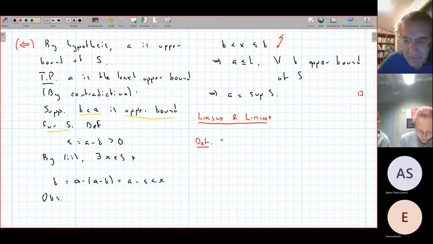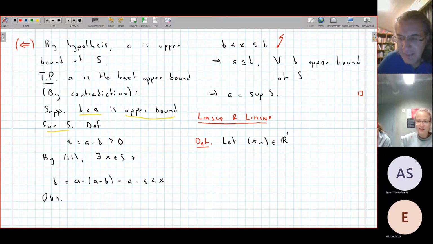So we have the following definition. Suppose that xn is in this set, which for convenience, probably you saw this notation.